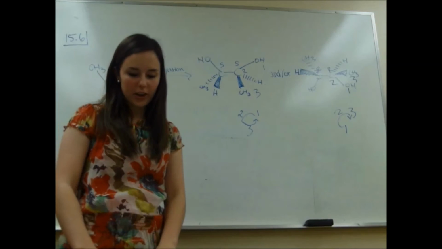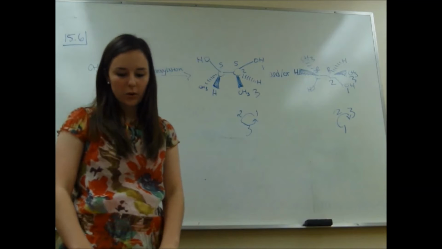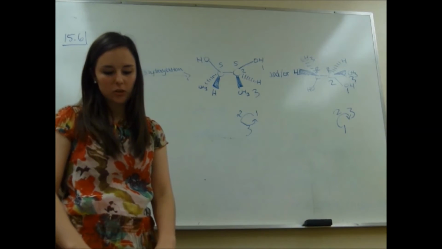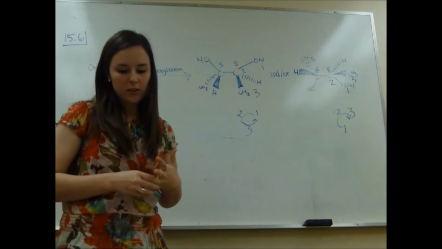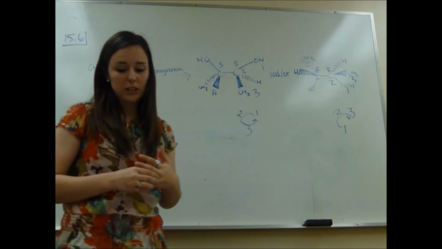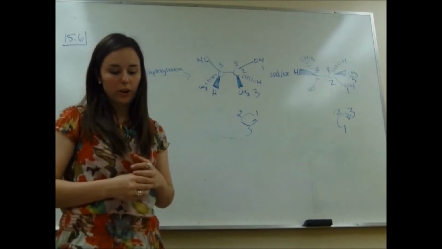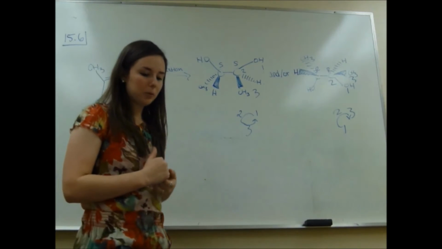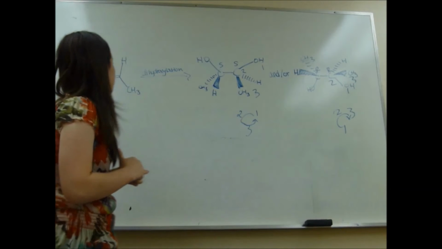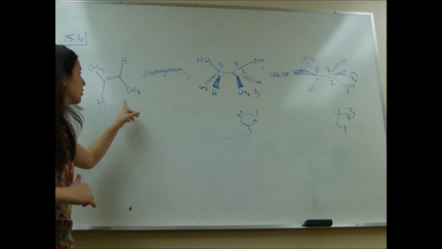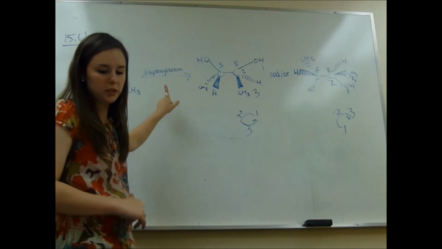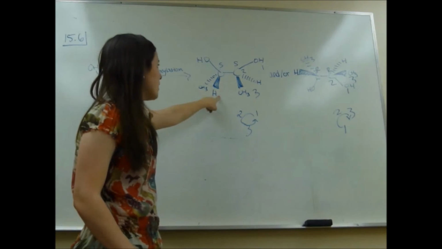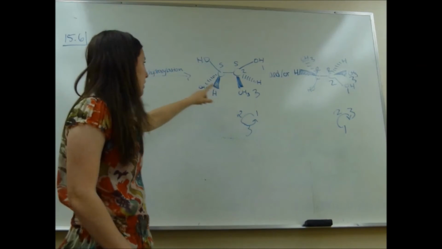And that's it. Okay, this is 15.6. The question is asking that trans-2-butene was subjected to dihydroxylation. The 2,3-butanediol that was formed had the R configuration at one carbon, and the question is asking what was the configuration at the other carbon. So what happens is when trans-2-butene goes through dihydroxylation, the OH is formed on both sides of the double bond.